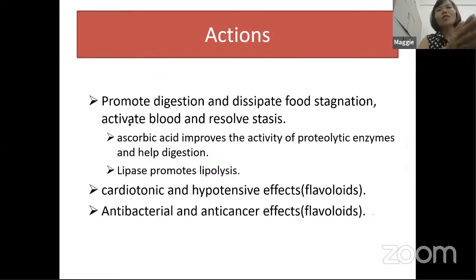From the point of view of traditional Chinese medicine, hawthorn promotes digestion and dissipates food stagnation, activates blood and resolves stasis. Usually, ascorbic acid improves the activity of proteolytic enzymes and helps digestion, and lipase promotes lipolysis.